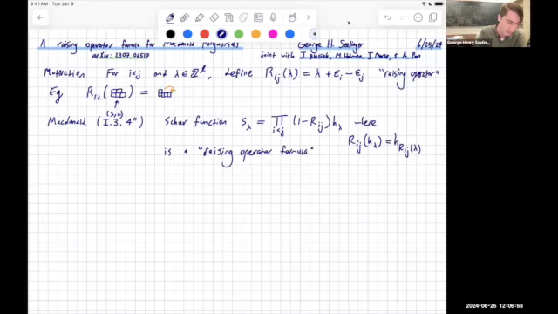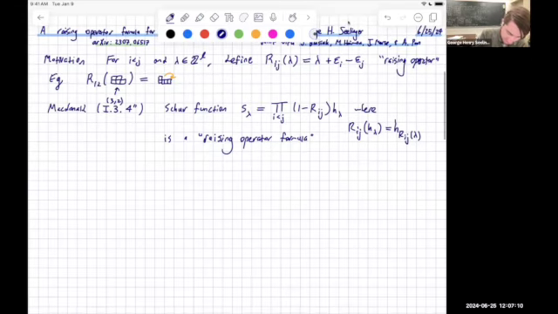In this case, this raising operator formula is actually equivalent to the Jacobi-Trudi identity, which is another way to write Schur functions in terms of complete homogeneous symmetric polynomials, but it has a slightly different flavor and feel when you're working with it.